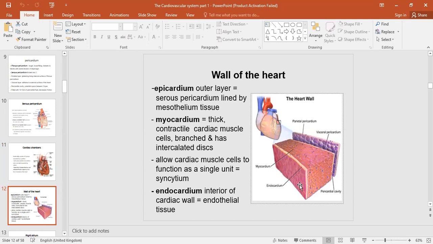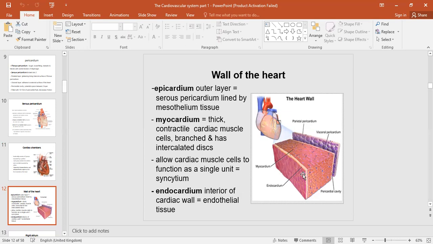The endocardium is continuous with the inner lining of blood vessels, what we call endothelium, so the structure is the same. The endocardium is made up of endothelial tissue, which is simple squamous epithelium. If you check here, you see that the cells are flat. So that is simple squamous epithelium, similar to the tunica intima of all blood vessels.